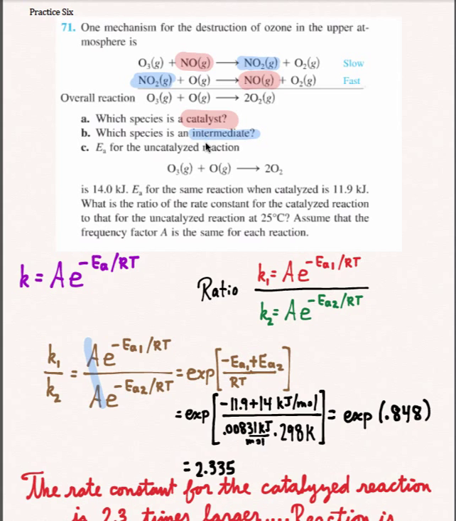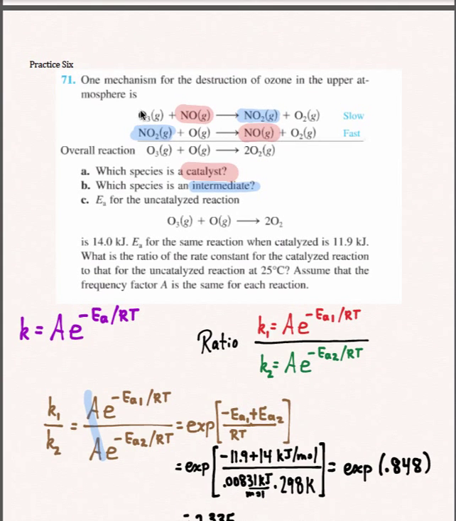You can take the ratio using the Arrhenius equation, the rate constant. Let's see, they're telling me the activation energy for the catalyzed and the uncatalyzed. Yeah, right.